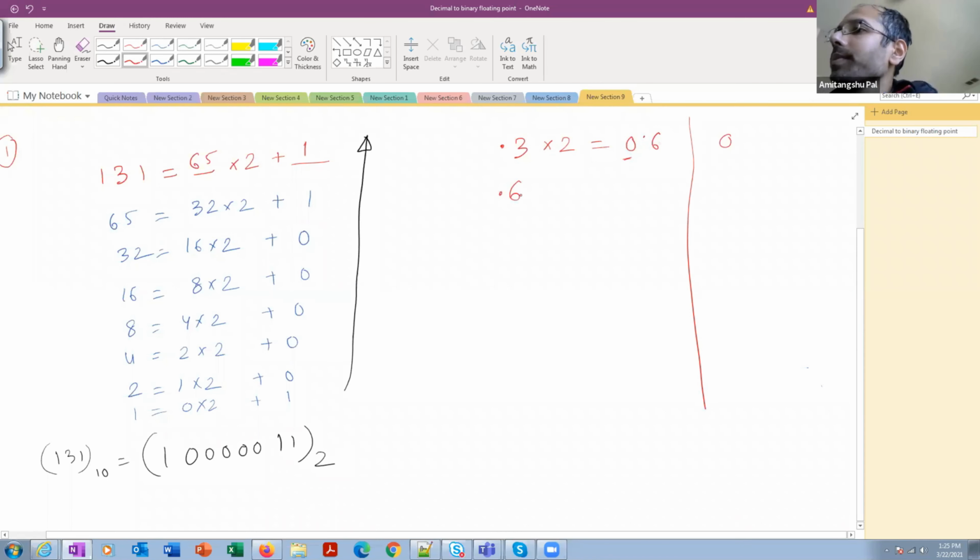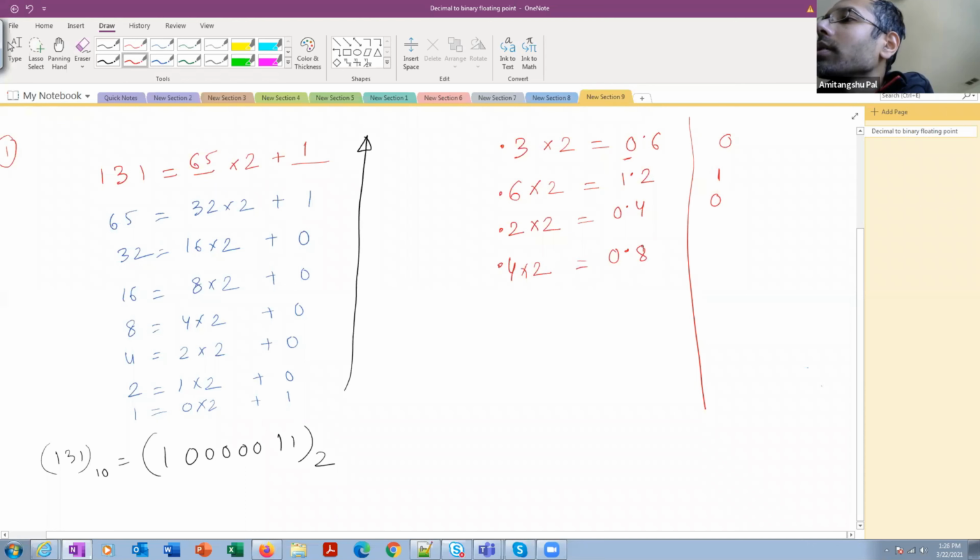In the next step, I'm going to again multiply this by 2, which gives me 1.2. I store the integer part, 1, and the fractional part goes to the next stage. This process will go on. So 0.4: the integer part is 0, and the fractional part goes over here.